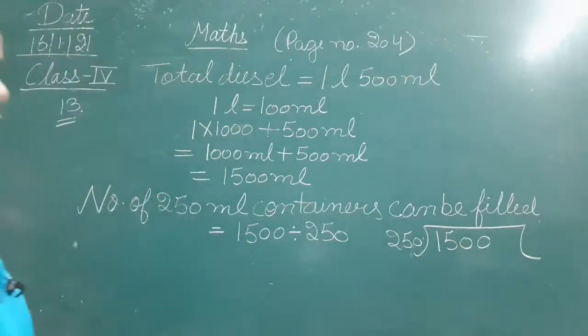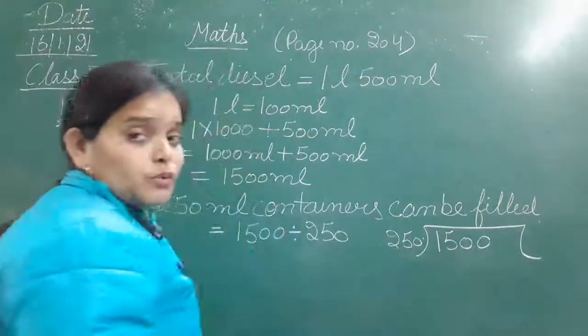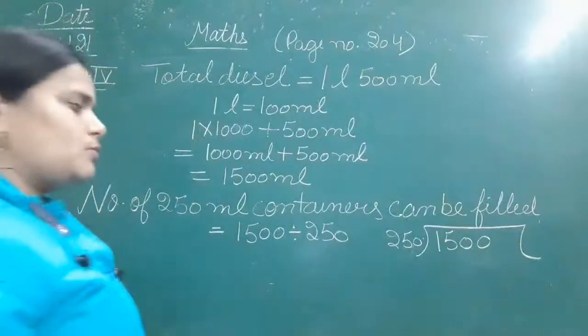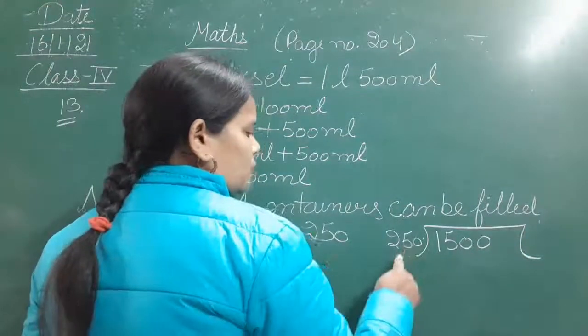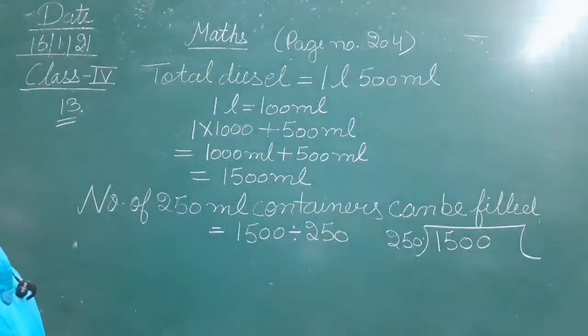1500 divided by 250. So that means 250, अगर हम 3 यहाँ से लेंगे, it will be 150 only. So that is smaller. So that means we have to take all these. So now for this you have to take the table of 250, or you can take the table of 25 as well.